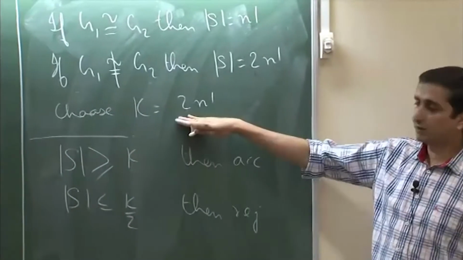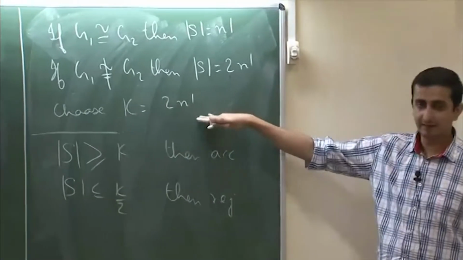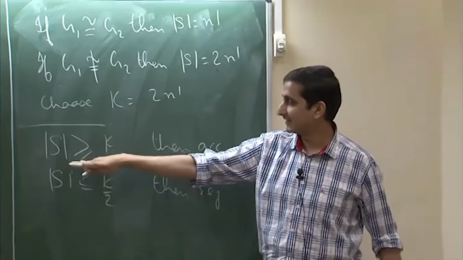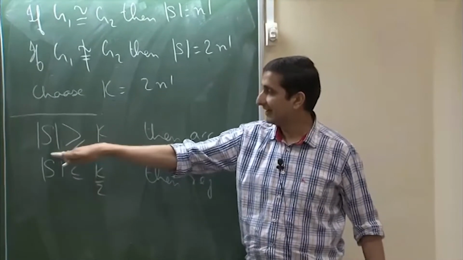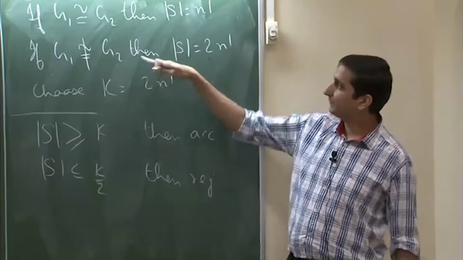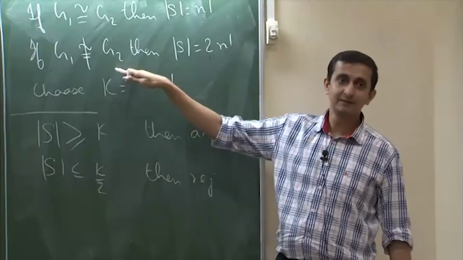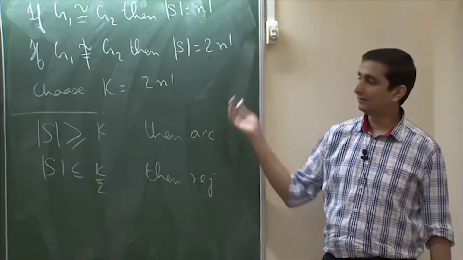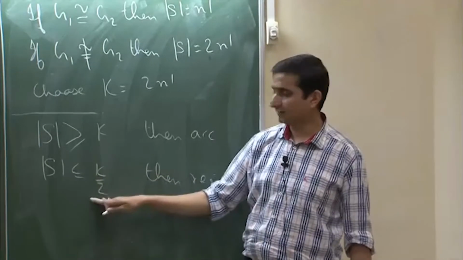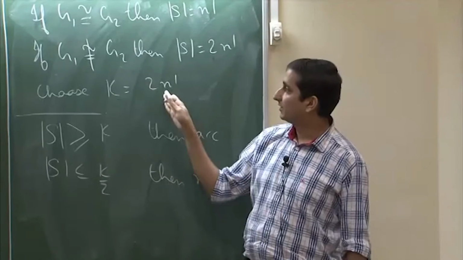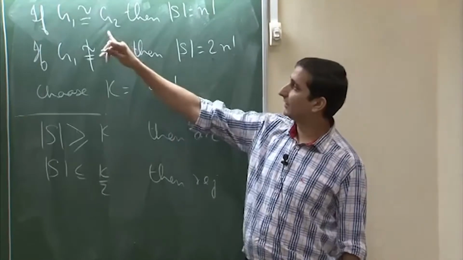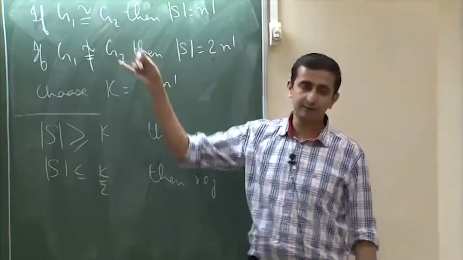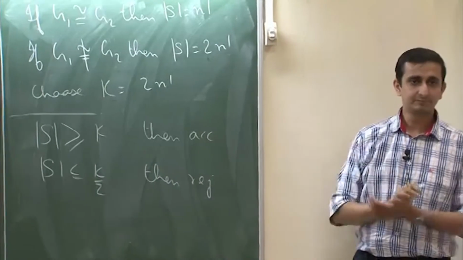So now suppose this is our K. If S has cardinality greater than K, then it means that G1 and G2 are non-isomorphic, so I am accepting with high probability. On the other hand, if S has size smaller than K by 2, which is less than or equal to n factorial, then I know that they are isomorphic, again with high probability.